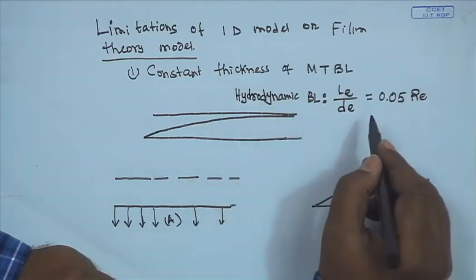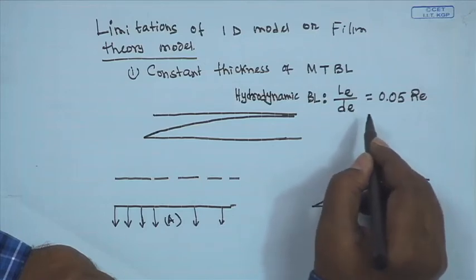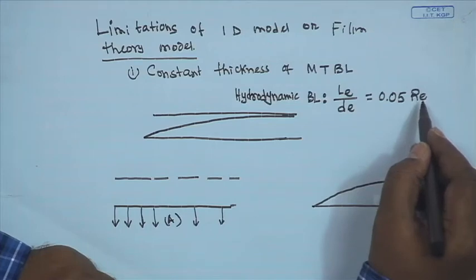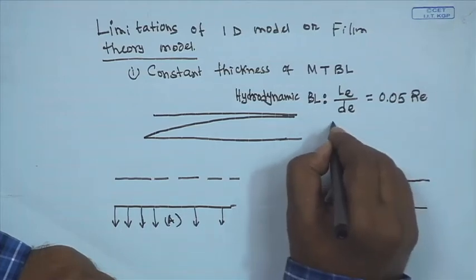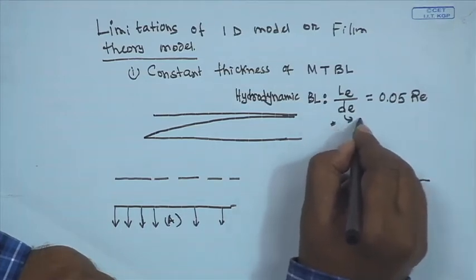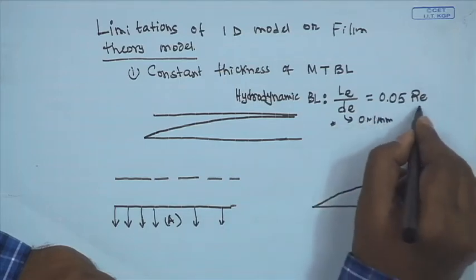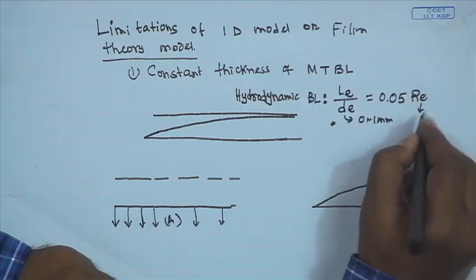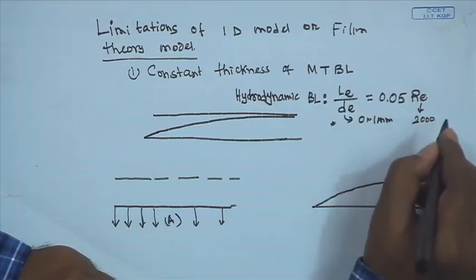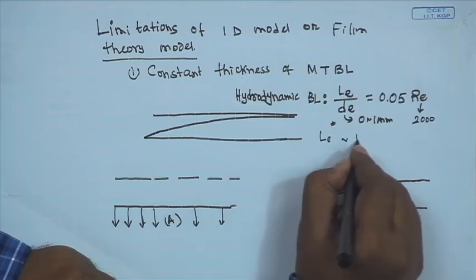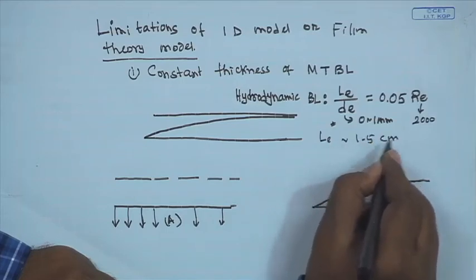Now, if you consider the equivalent diameter is in the order of millimeter, 10 to the minus 3 meter, and the Reynolds number is in the order of, let us say, 2000, that is in the laminar regime, then the entrance length will be of the order of a few centimeters, so 1 to 5 centimeters.